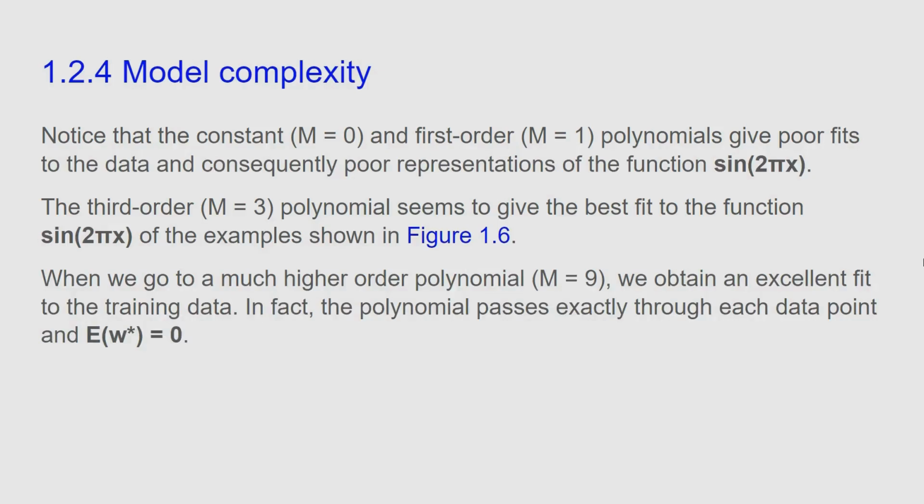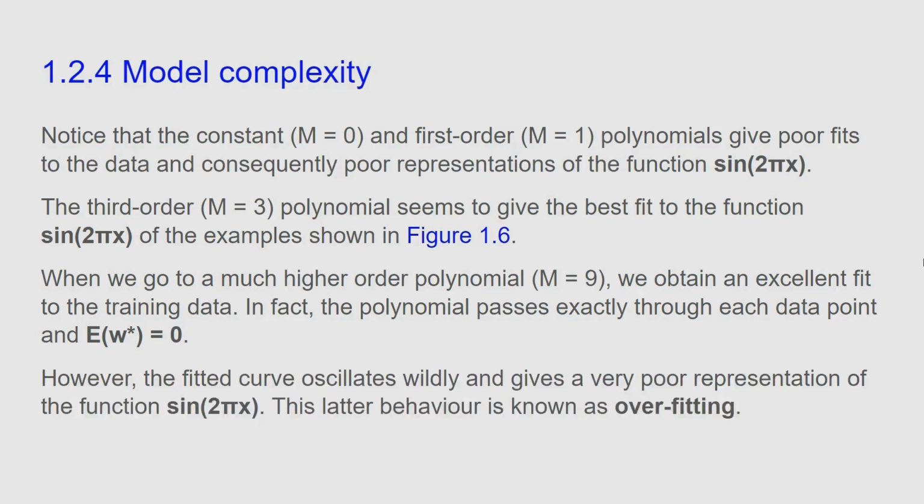When we go to a much higher order polynomial, M = 9, we obtain an excellent fit to the training data. In fact, the polynomial passes exactly through each data point and E(w*) = 0.